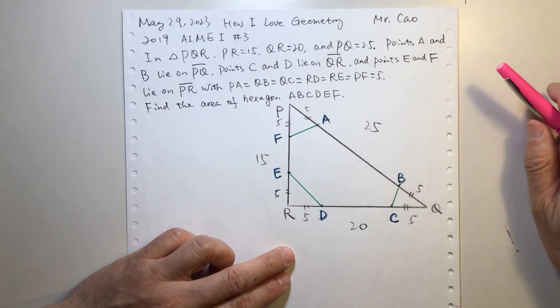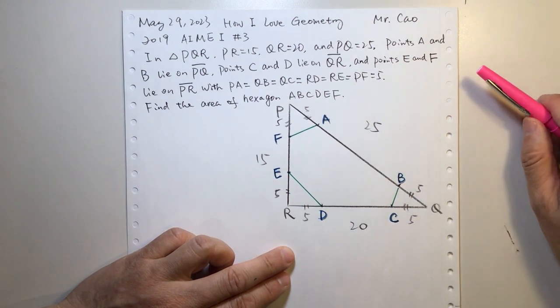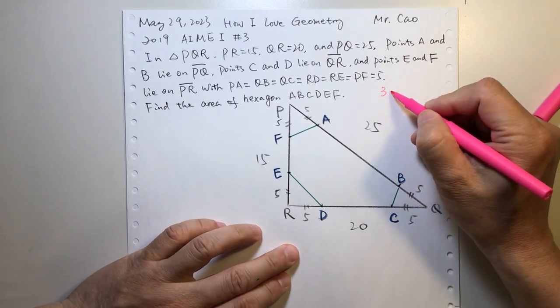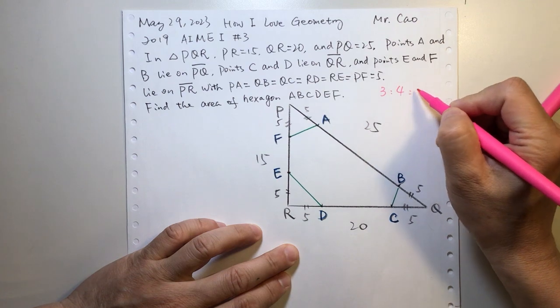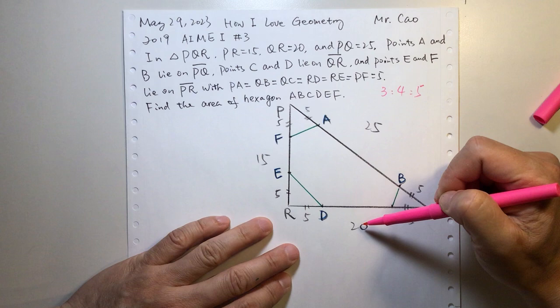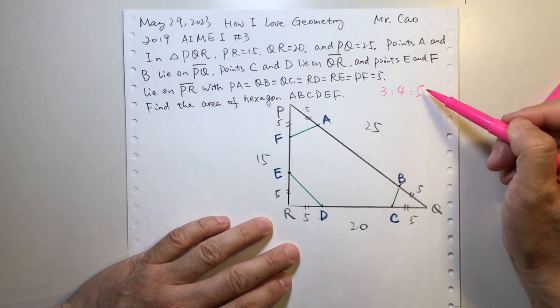If we are familiar with the numbers 15, 20, and 25, we will easily find that the ratio between these 3 sides is 3 to 4 to 5, right? 3 times 5 is 15, 4 times 5 is 20, 5 times 5 is 25.